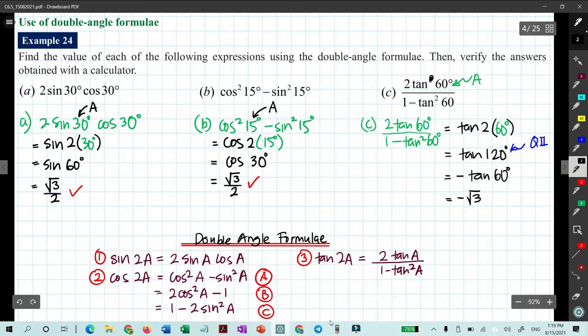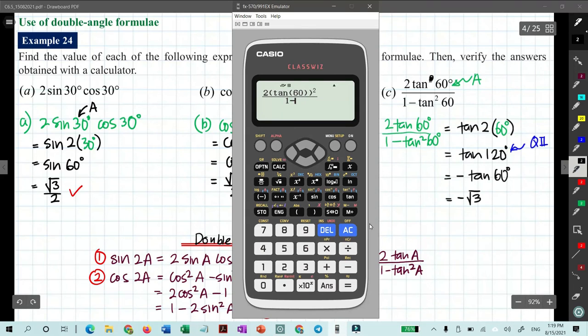So let's start with question A. 2 sine 30. Make sure the mode of the calculator is in degrees. Times cos 30. Yes, we get the same answer.